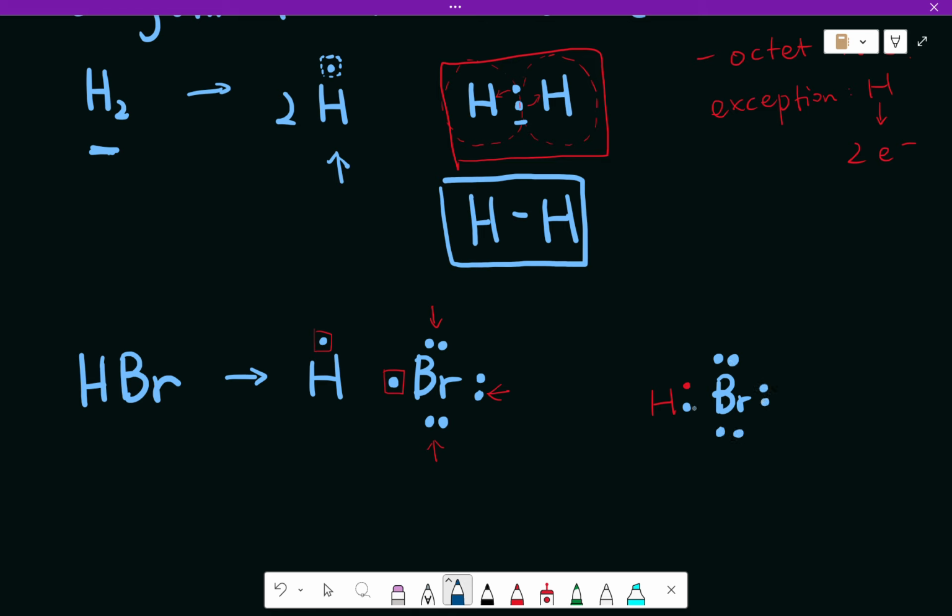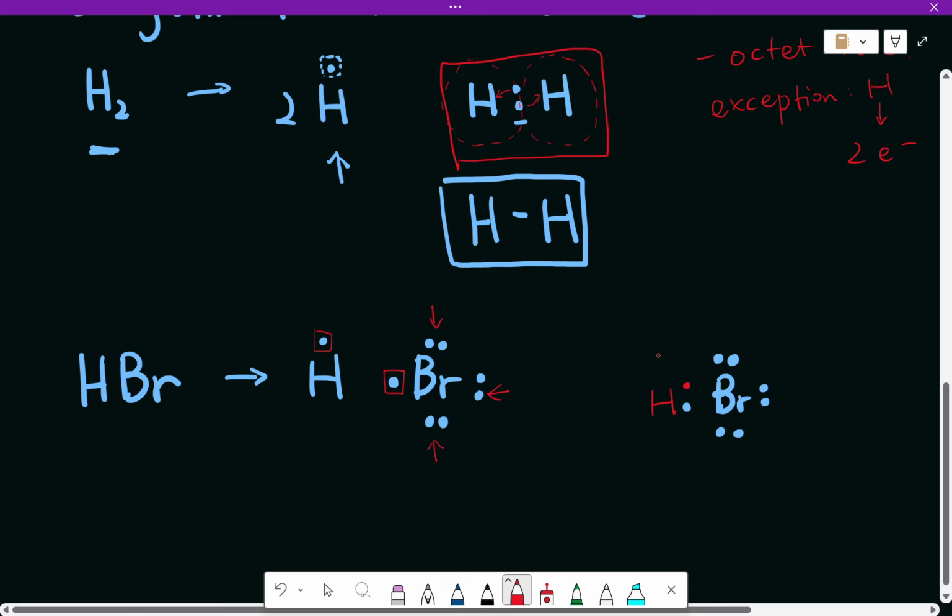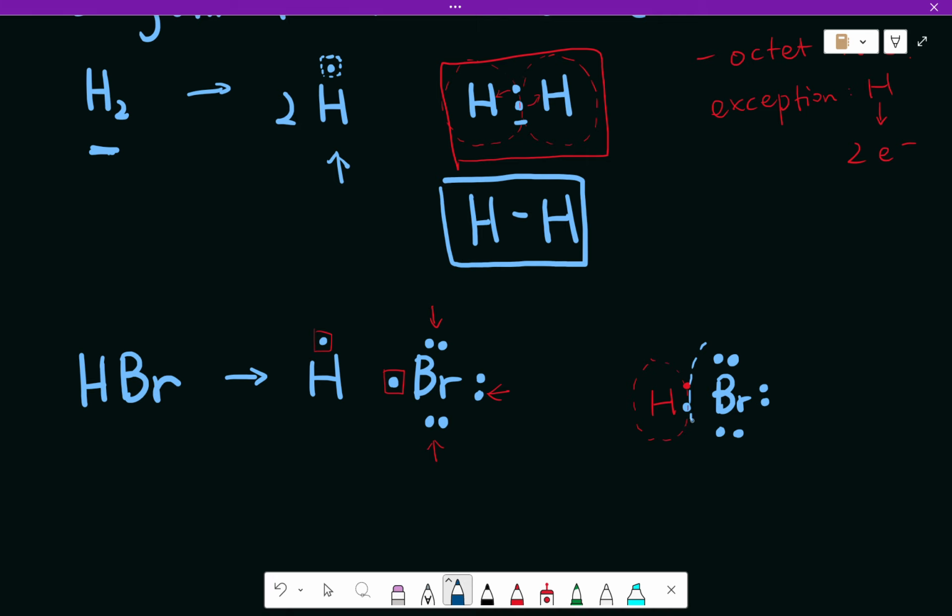So we can see that if they share these two electrons in each of their orbitals, they're going to achieve their stable states. For hydrogen, it is 2 electrons, and for bromine, it is 8 electrons. So both of them are happy now.